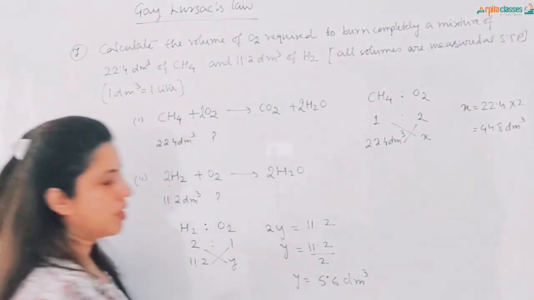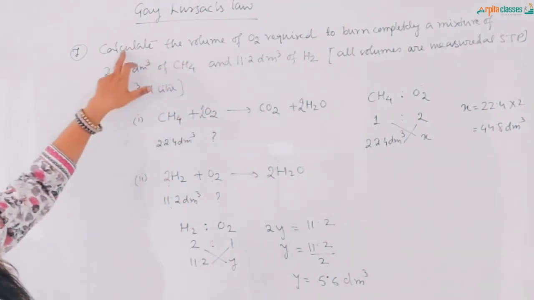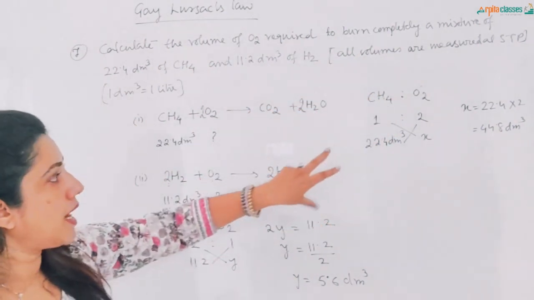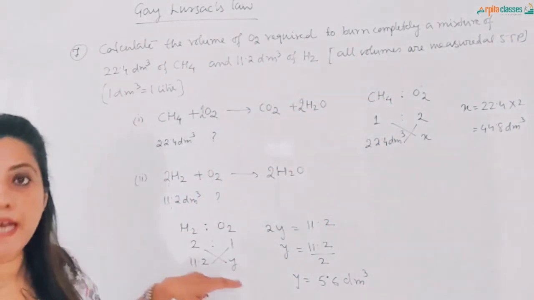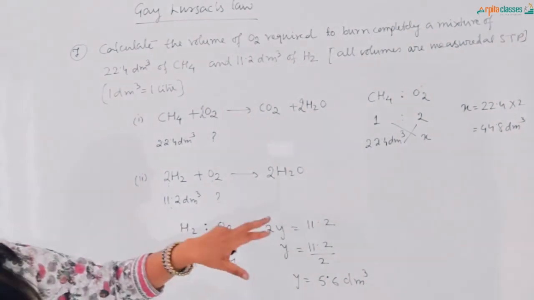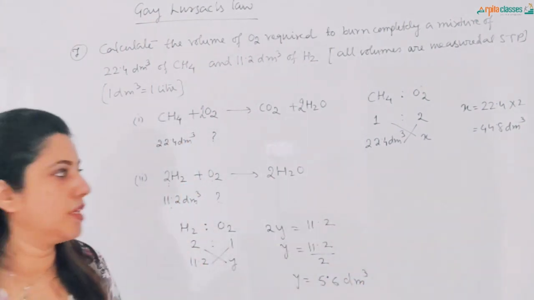Now, they are asking what is the total volume of oxygen required? See the question, calculate the volume of oxygen required to burn completely a mixture. Now oxygen has to burn both the gases because both the gases are there in the mixture. So what is the total volume of oxygen required? That is 44.8 plus 5.6. We will add these two volumes.